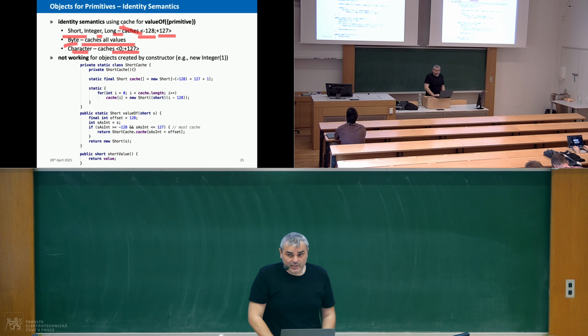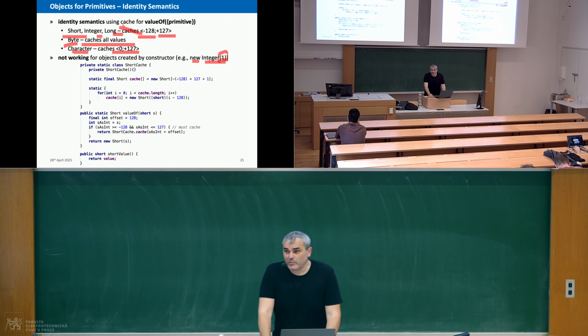That internal cache is not working if you create your object yourself using the constructor like this. So if you call new Integer with the initialization 1, there is no caching. You get a new instance. So if you have a cycle, a million iterations, you get a million instances with 1.